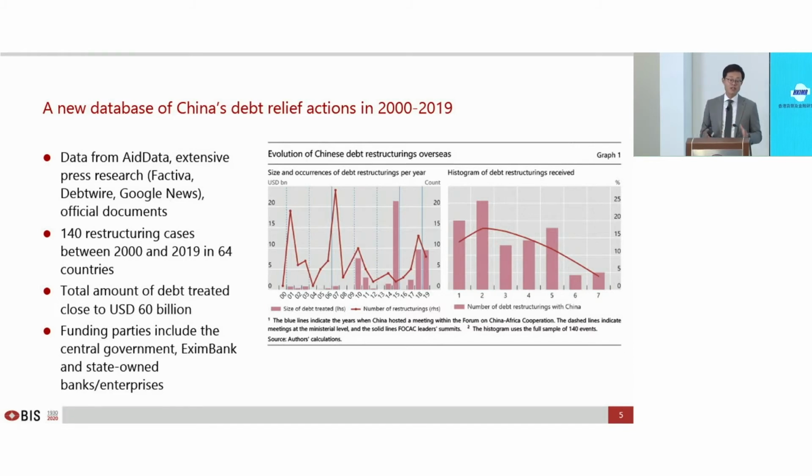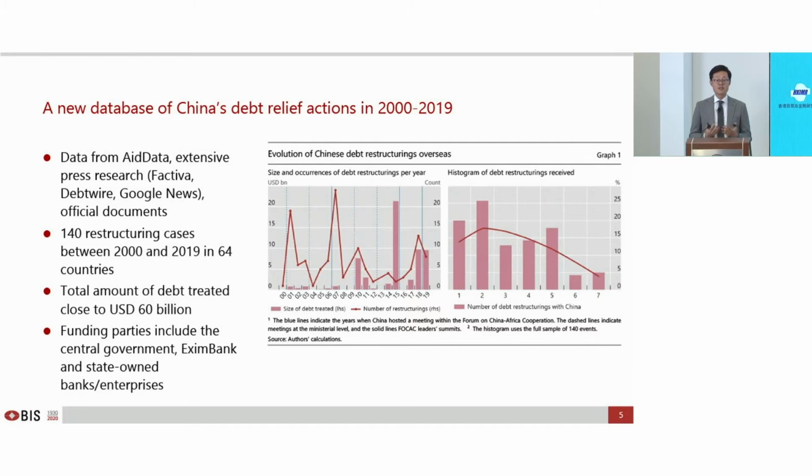After all this, we gathered data about 140 restructuring cases that China has provided between 2000 and 2019 in 64 countries. This is right before the pandemic, so the DSSI period is not included.